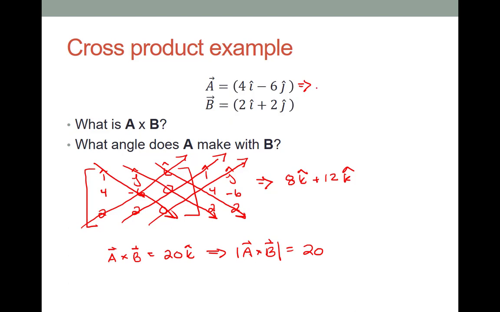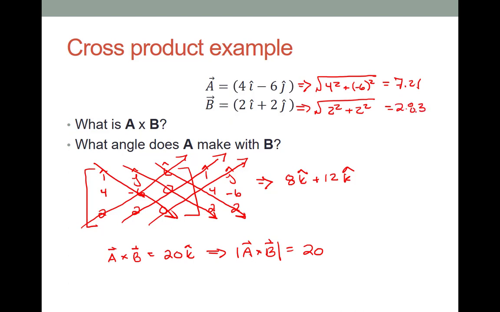We also need the magnitude of A. That will be the square root of 4 squared plus -6 squared, which works out to be 7.21. And we need the magnitude of B, which is the square root of 2 squared plus 2 squared, which is 2.83.